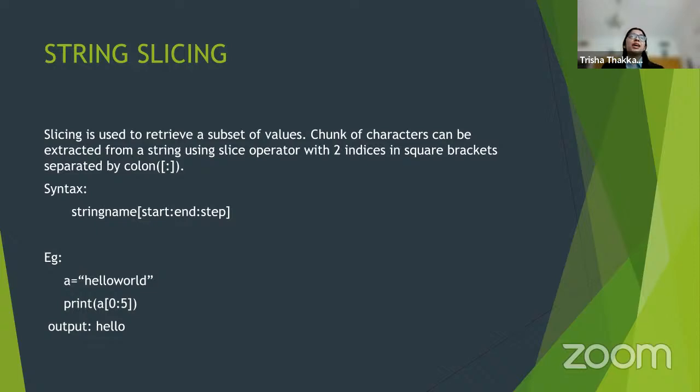If our string is hello world and we want to print only the word hello, we can do this by using string slicing, which would be print a of 0 to 5. This prints only the characters which have the index 0 to 5, which is hello.